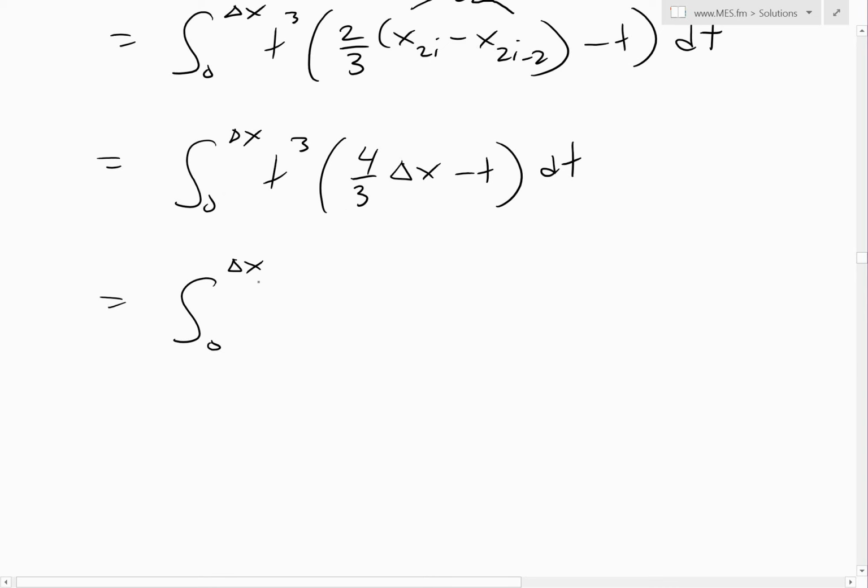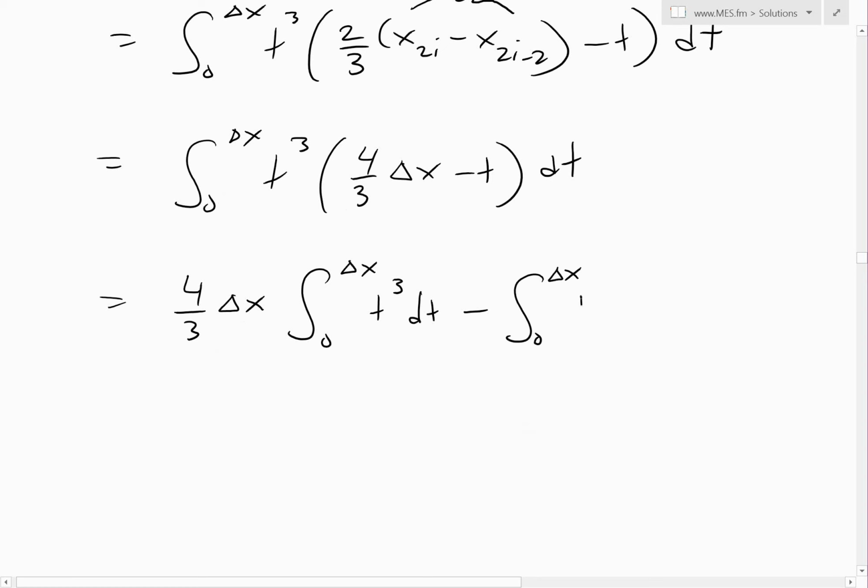I'll take this out of here: 4 over 3 delta x, integral from 0 to delta x of t^3 minus, multiply that in, integral from 0 to delta x of t^4 dt.